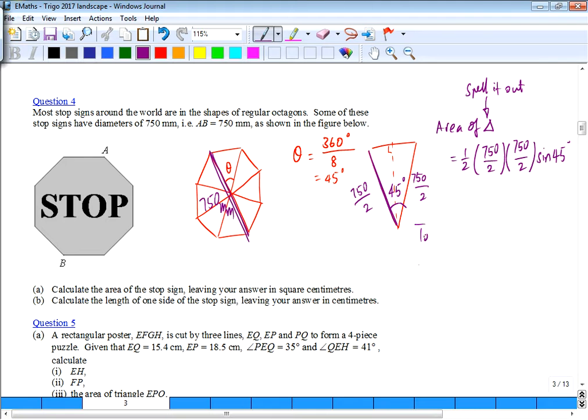So total area equals to 8 times... Total area is 3980. Okay, you need to show me your intermediate answer before you round off.